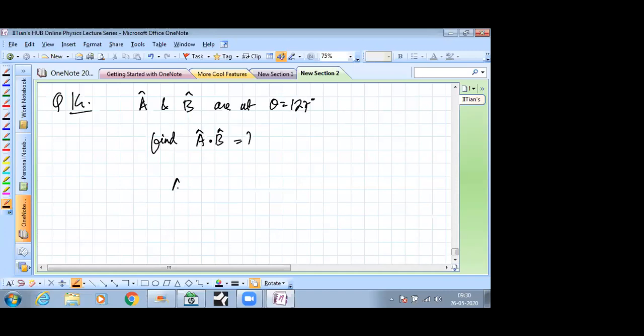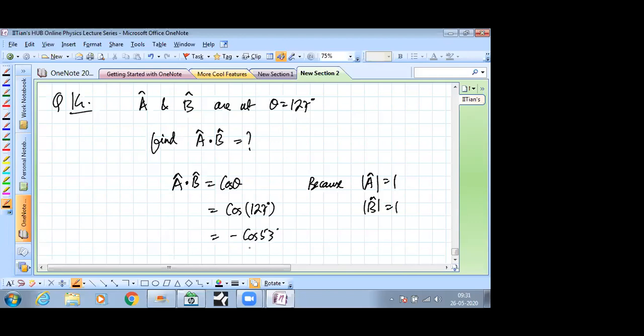The dot product of two unit vectors just becomes cos theta, because as you know, the magnitude of each vector is unity. So AB cos theta just becomes cos theta. So here that is cos 127 degrees, that is minus cos 53 degrees, that is minus 3 by 5.